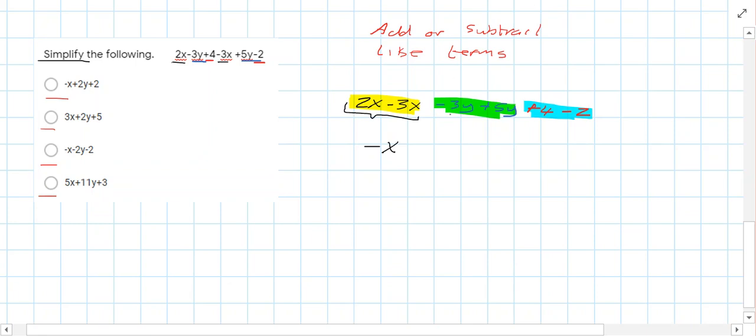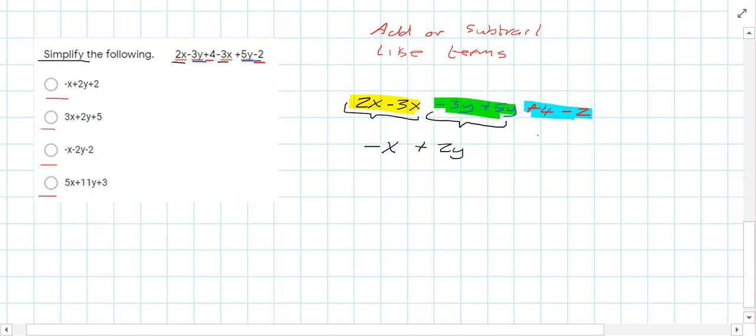Then if we look at this one here, we've minus 3y plus 5y. So again, if we are on minus 3y and we plus 5y, we end up on plus 2y. So these here are simplifying down into this one term here.